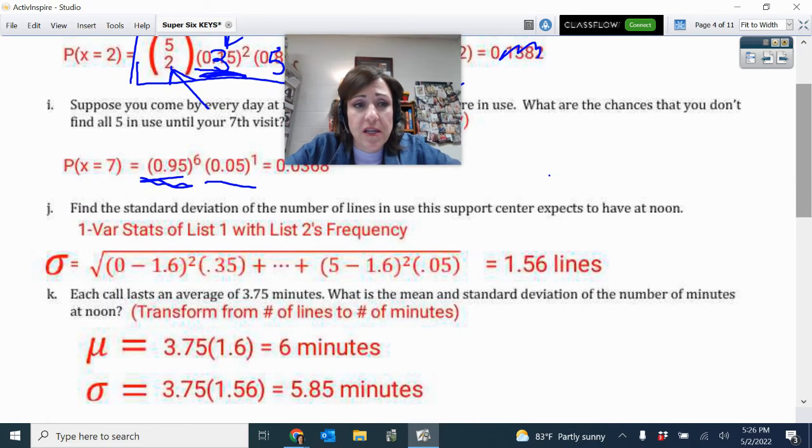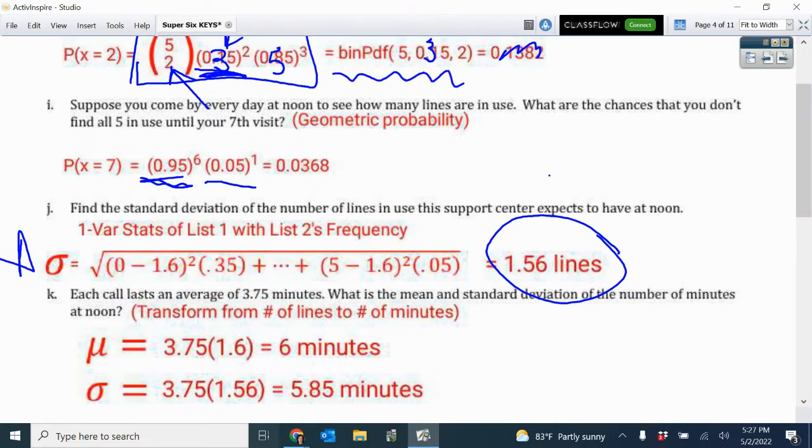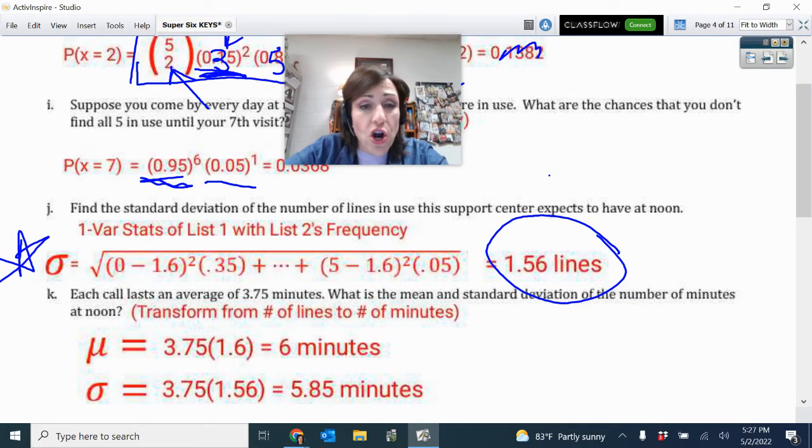Now, here is this standard deviation. I got that when I calculated one variable stats of list 1 with list 2's frequency. This came up as the standard deviation. Now, you need to fill in this formula though. This is on the formula chart. I can pull that up here in a minute, or I'll show you where that is shortly at the end.